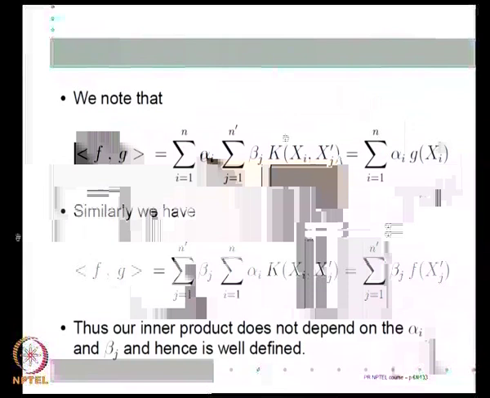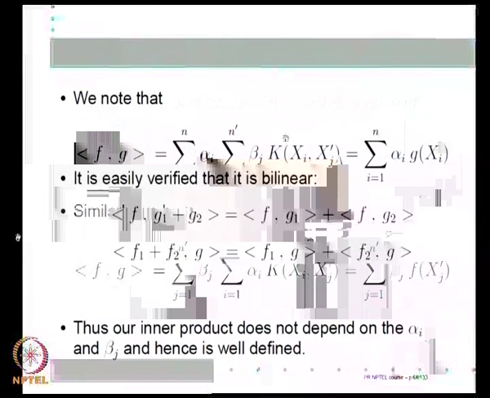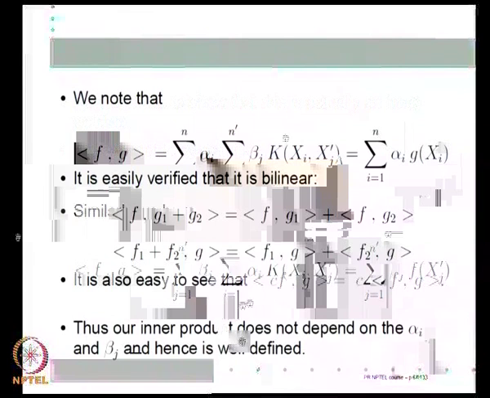So, accordingly they come in the summation. So, f1 plus f2 comma g will be f1 comma g plus f2 comma g and so on, right. So, by definition it is symmetric and it is bilinear, and similarly you can show that if one of the arguments is multiplied by a constant, the inner product gets multiplied by that constant.